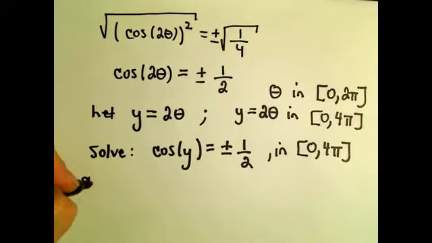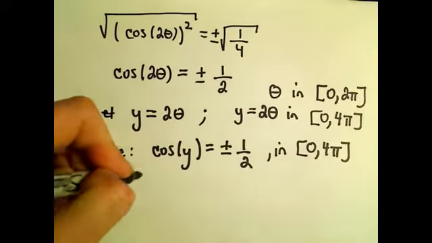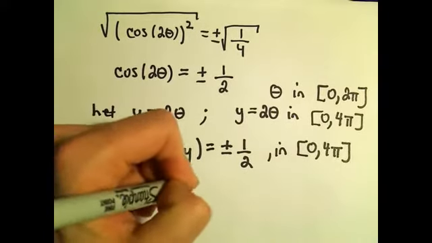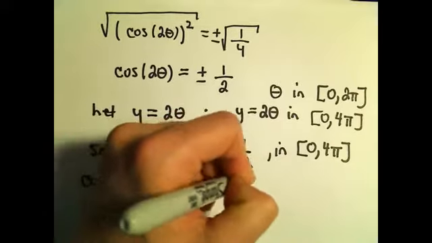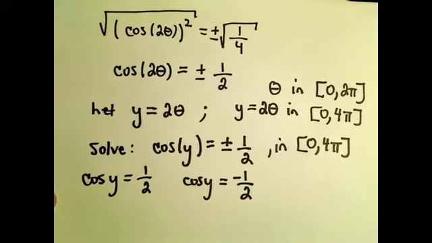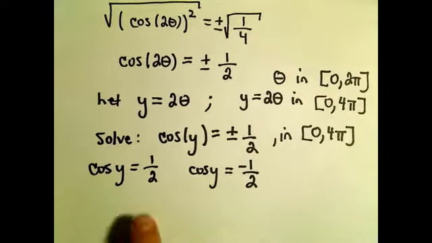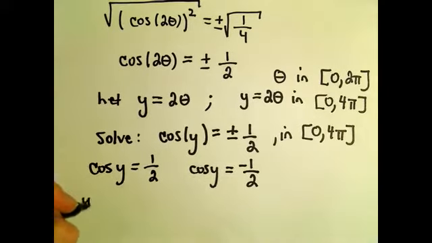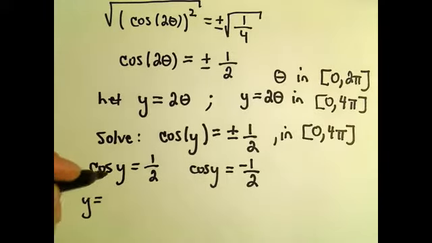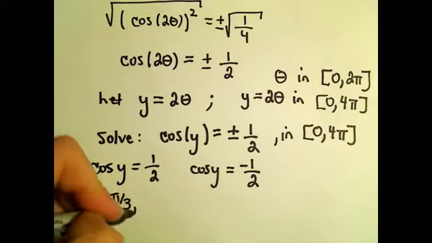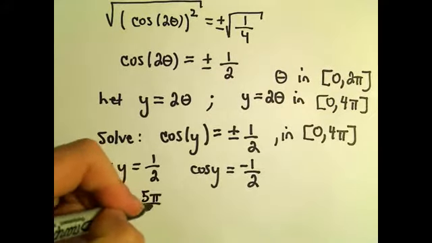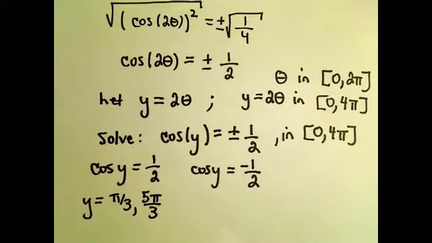Okay, so that means we have to figure out where cosine y equals either positive 1/2 or cosine y equals negative 1/2. Well, cosine of y equals positive 1/2 at the angle, I think pi over 3 would be a place where that would happen. Also at 5 pi over 3 would be another place where that happens.